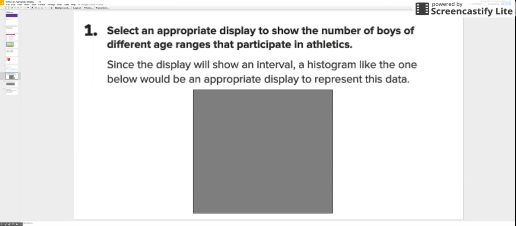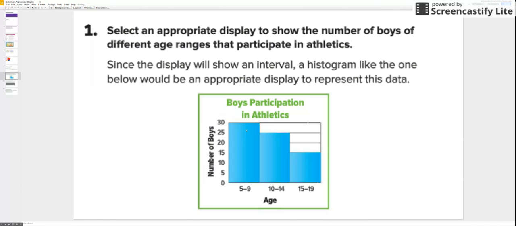Now that we know examples, okay, let's try to select the appropriate displays. Select an appropriate display to show the number of boys of different age ranges that participate in athletics. So since the display will show an interval, a histogram would be an appropriate display.